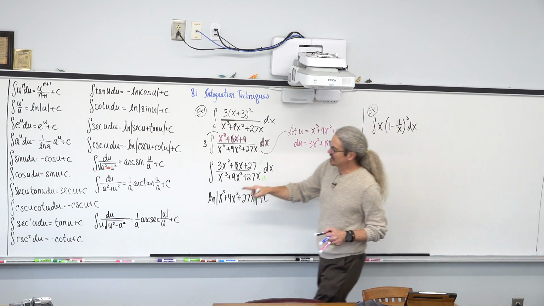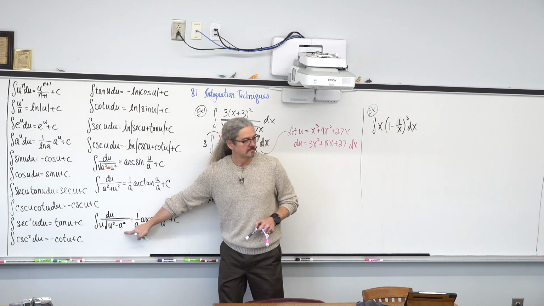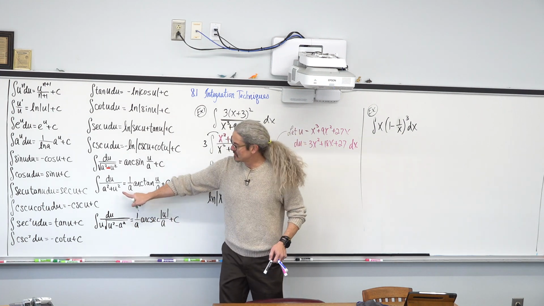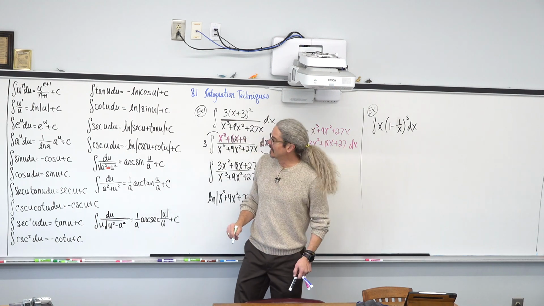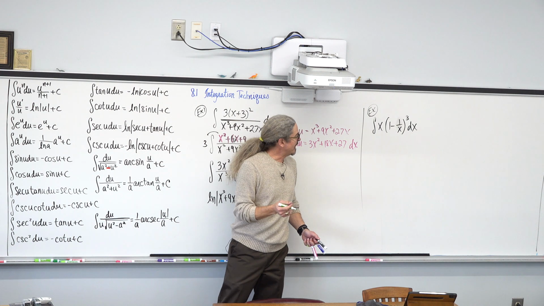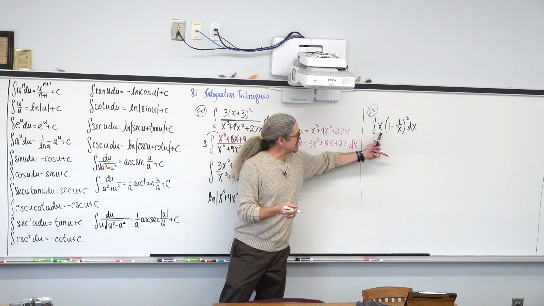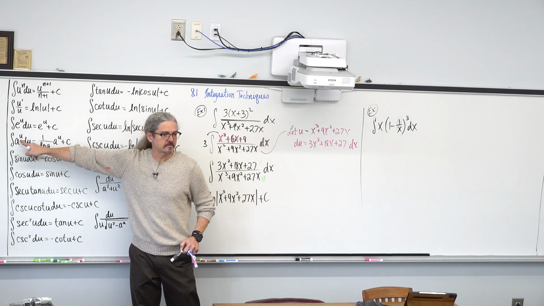So in integration, do we have a square root in the denominator? Definitely not. Do we have a sum of squares in the denominator? No. Does it involve trig? No. Do we have a fixed base and variable exponent?